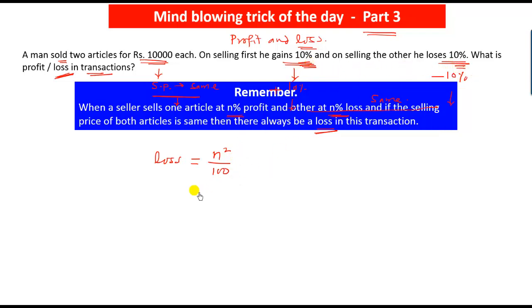It is 10%. So it will be 10 square upon 100. This you can do orally, no need to write. So 10 square will be 100 upon 100. 100 and 100 will get cancelled, and you will get 1%. So there is a loss of 1% in this transaction.